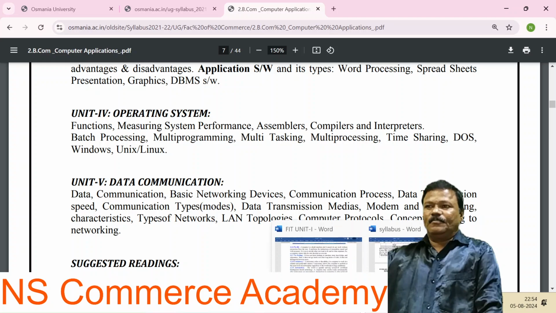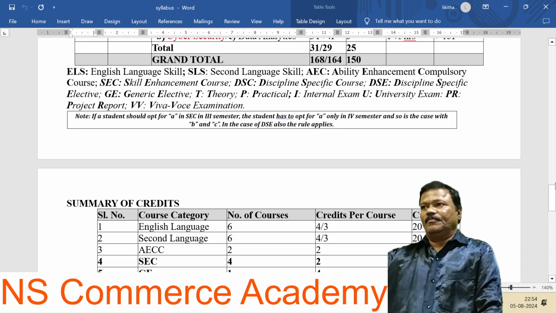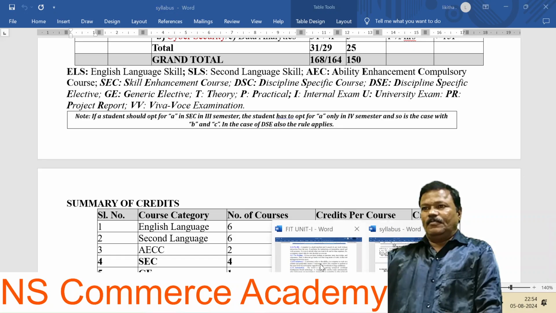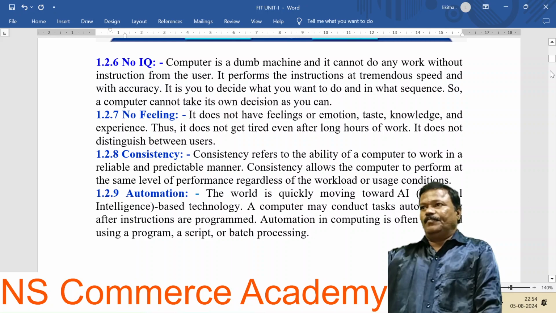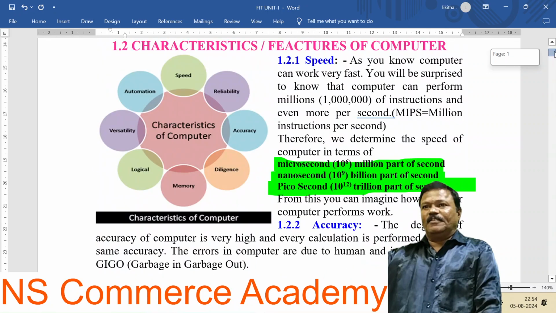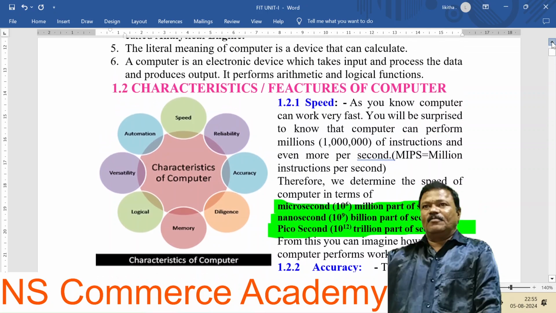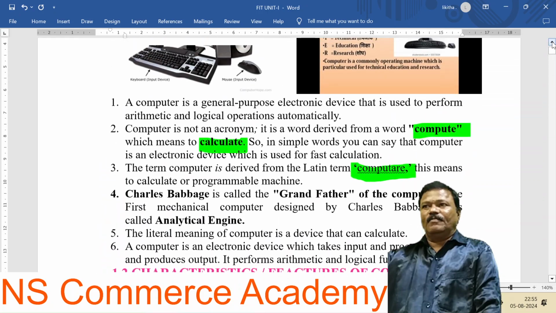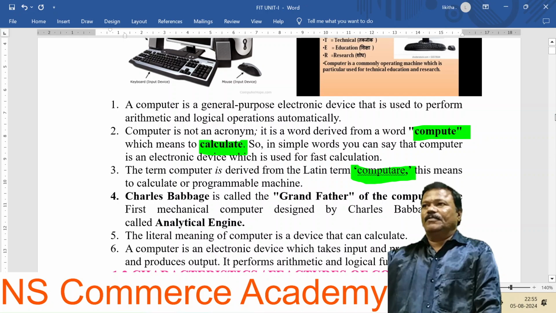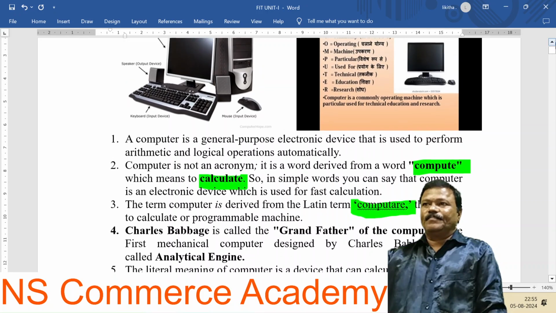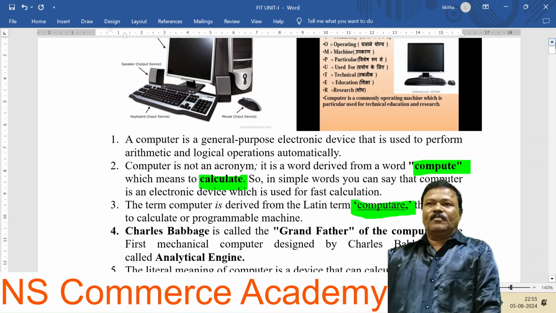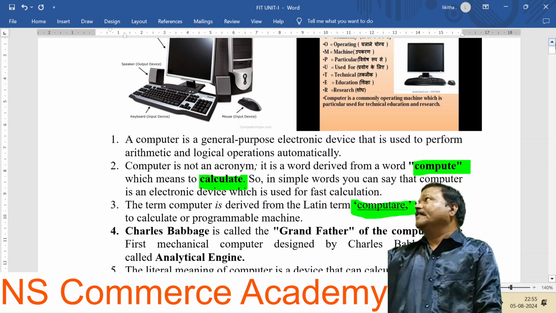So, friends, now come to the syllabus. First unit is introduction to computers. Under this, now I'm going to discuss what is a computer. A computer is a general purpose electronic device that is used to perform arithmetic and logical operations automatically.